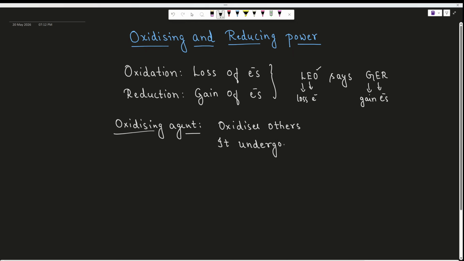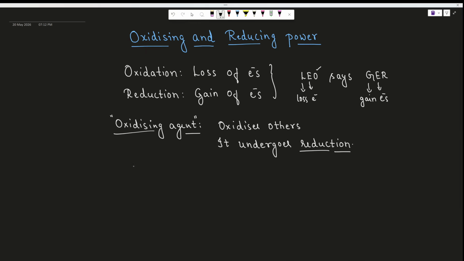So here it is in reverse manner: an oxidizing agent will undergo reduction. But the term is oxidizing agent because it oxidizes other elements.